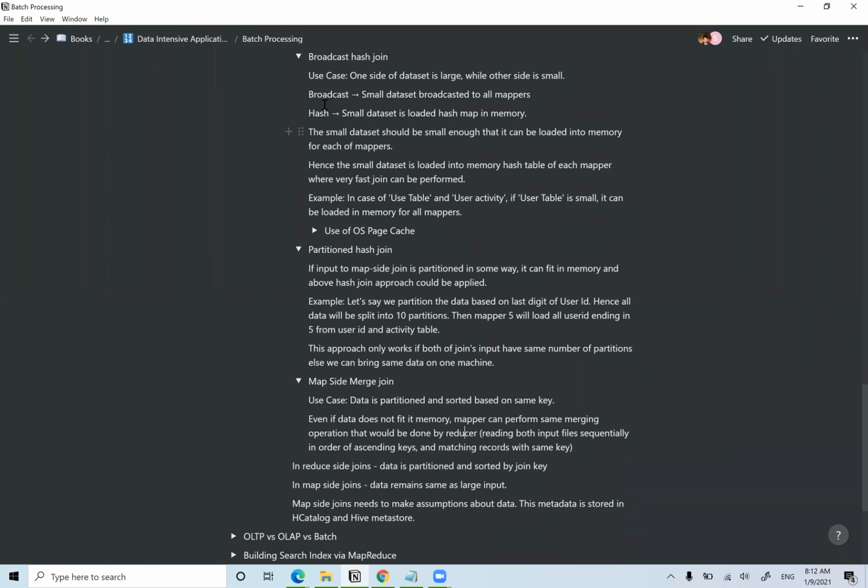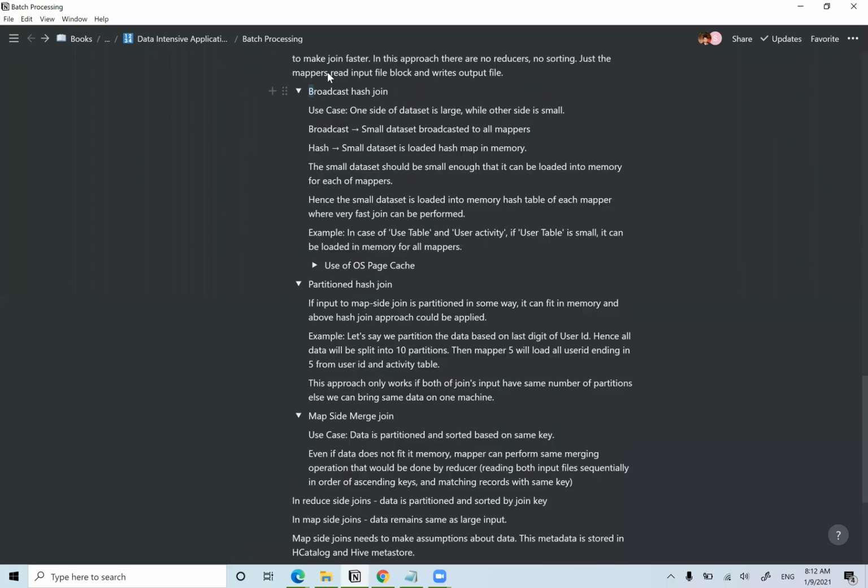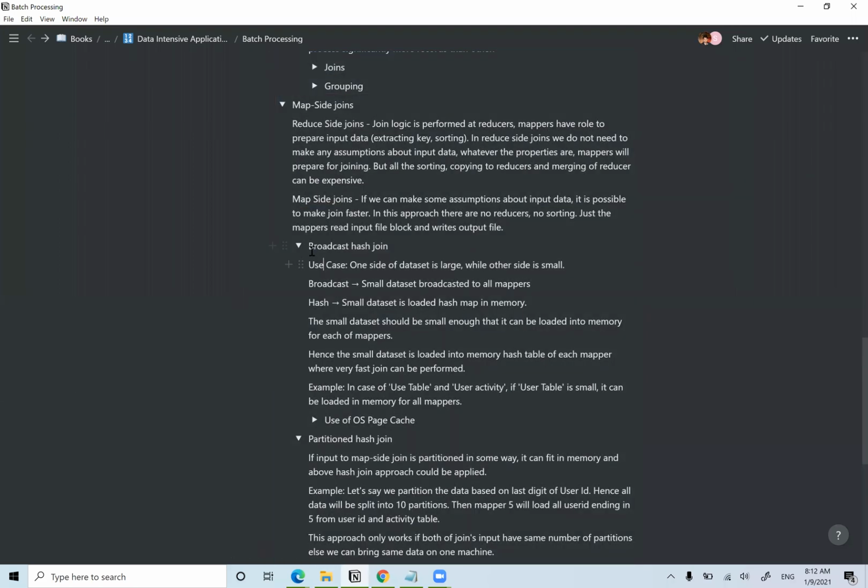In my case, I have just used the broadcast hash join. I have not used MapReduce, but a framework similar to MapReduce, which I used in my organization. There, if I have to perform a join, you can write SQL-like queries.